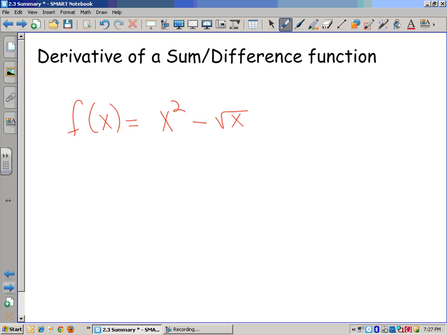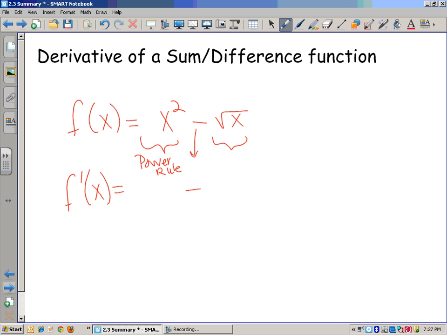Okay? So each of these pieces can be done separately, keeping in mind that the sign between them stays the same. You don't change the sum or difference. It stays. So if I want to take the derivative of f with respect to x, for this one, I want to use power rule.